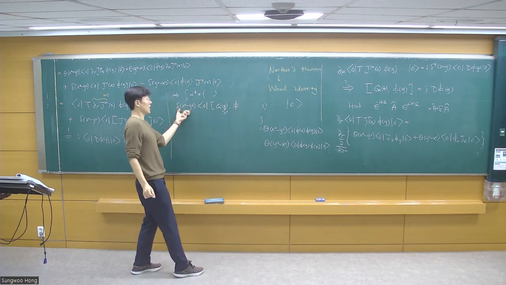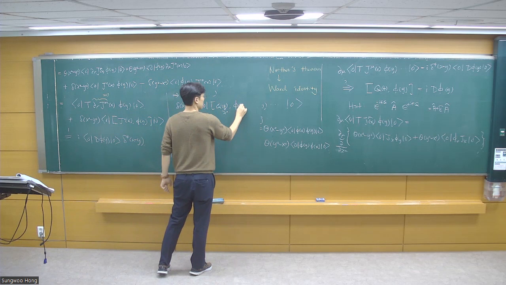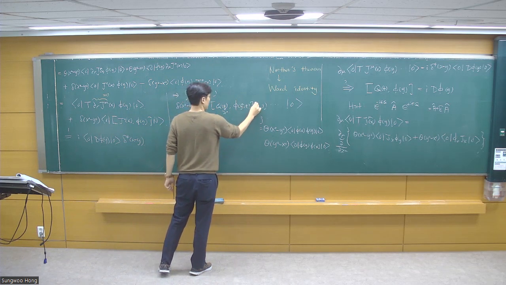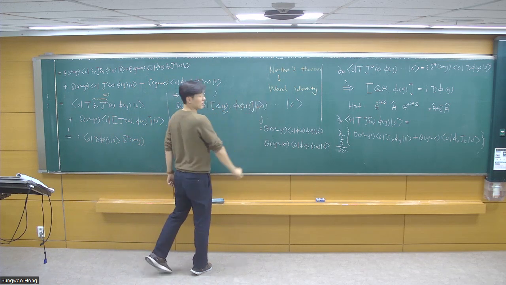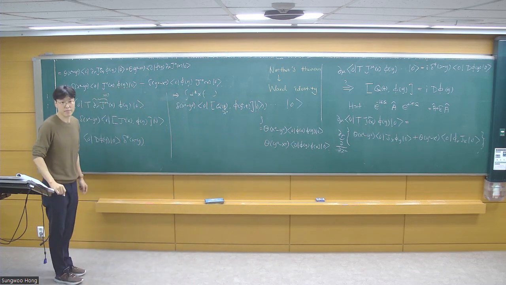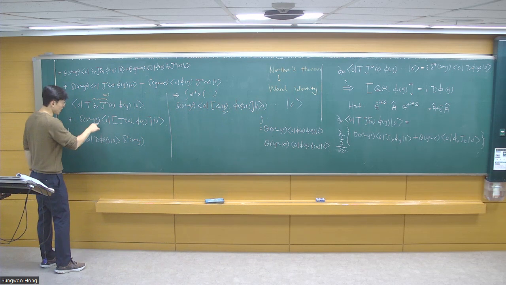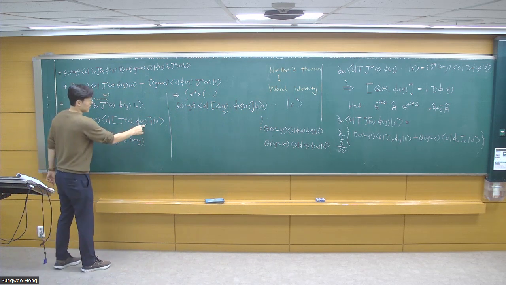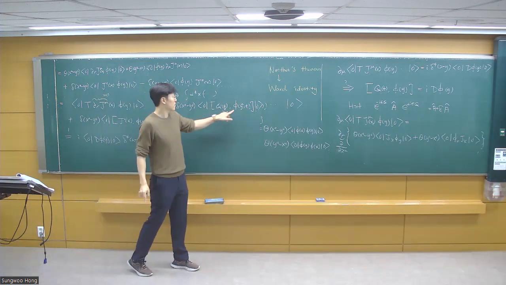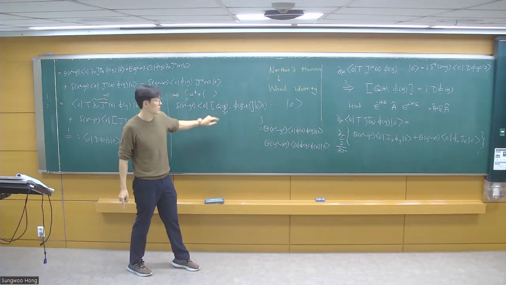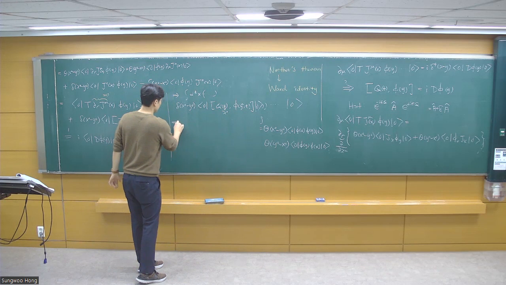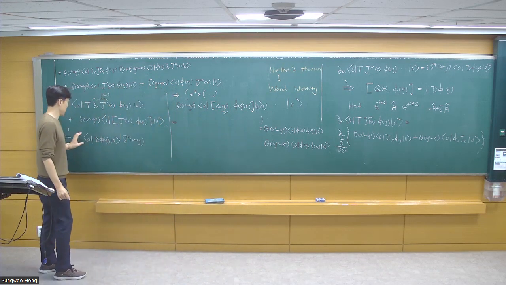But because of the delta function, it is enforced that I have to pick the same time, otherwise it is 0. Because this is non-zero only if the time of y is the same as the time of x, I just pick the time of y the same as the time of the charge. That should be equal to this side.